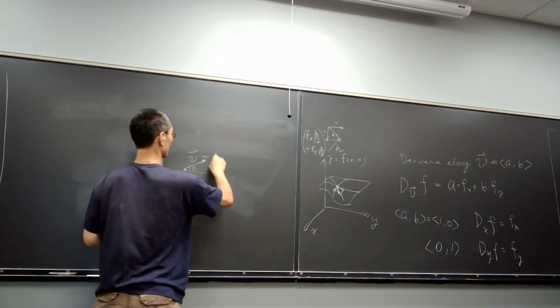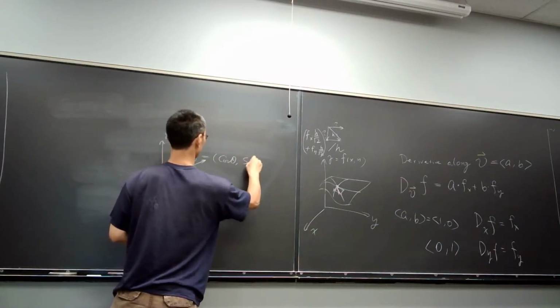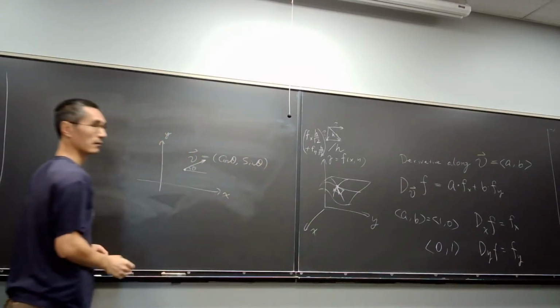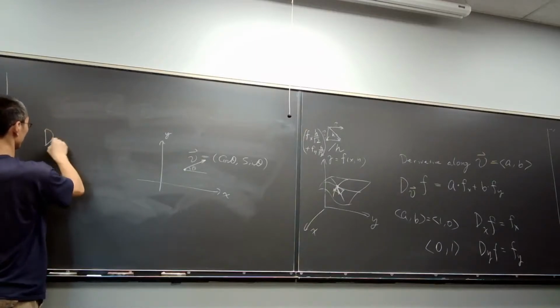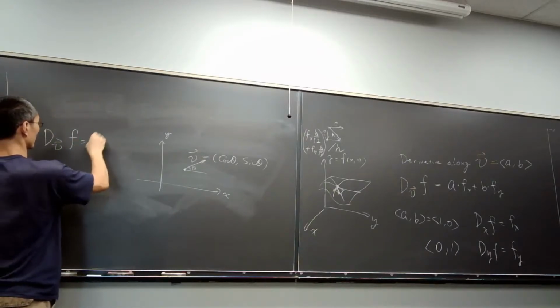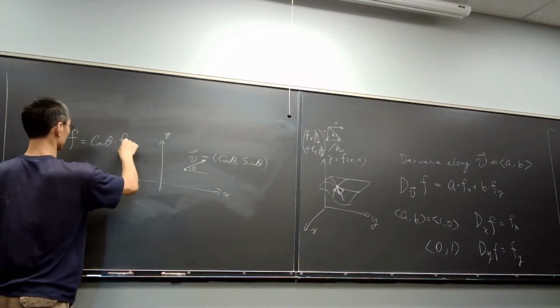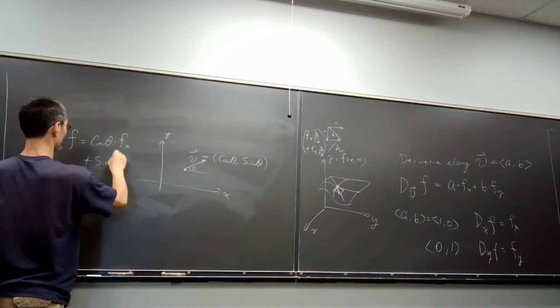So this v would be cosine theta, sine theta. Right? Then the Dv would be cosine theta times fx plus sine theta times fy.